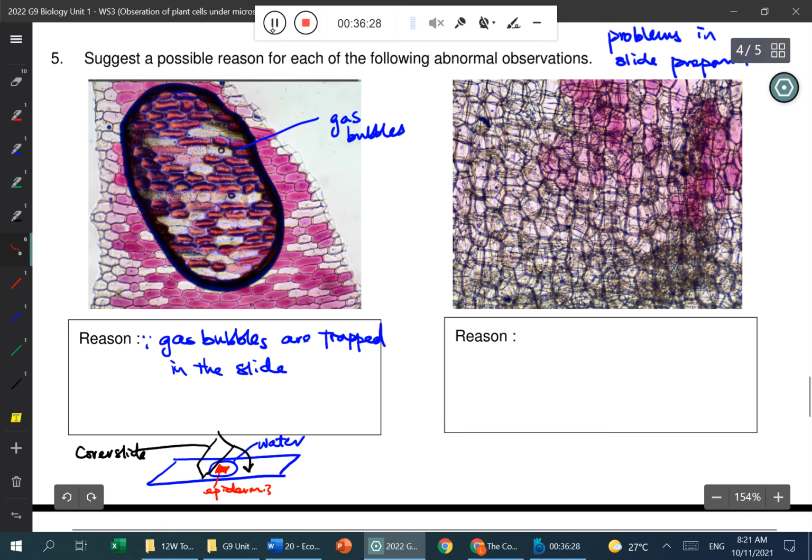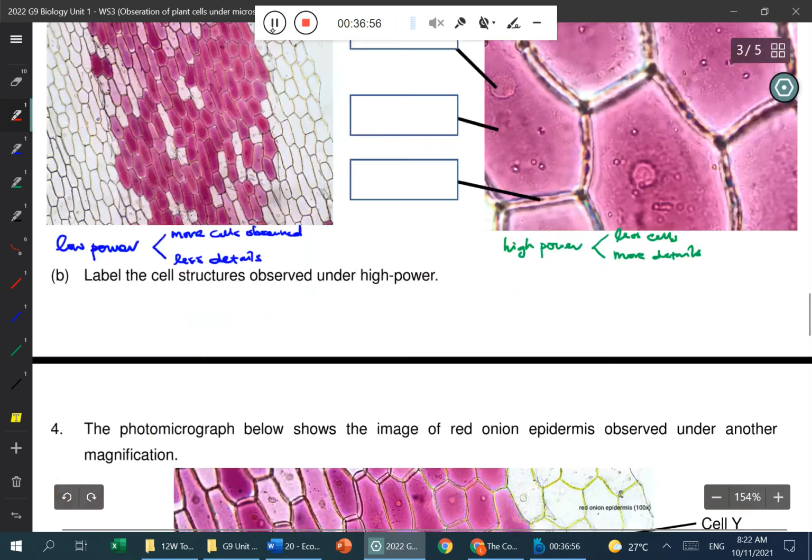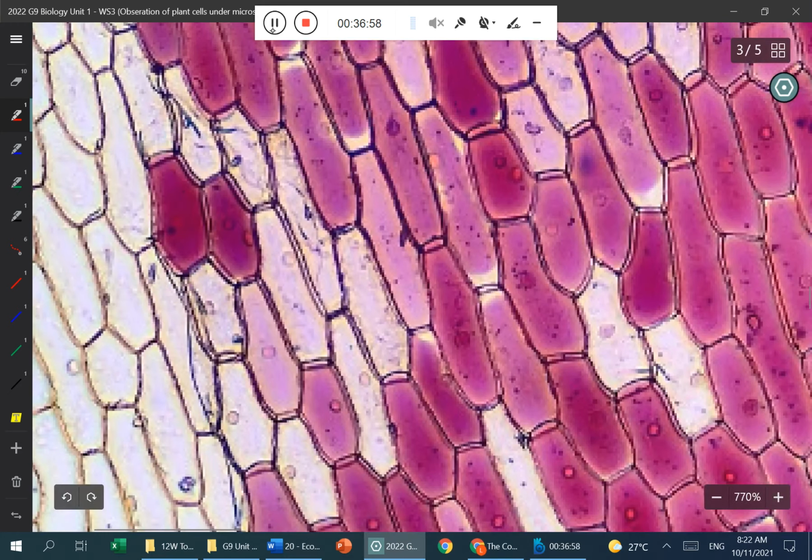But they are not very clear because they are not at the same layer as this. Your light microscope will only focus on a certain plane. So if the red onion epidermis is very thin, containing only one layer of cells, you'll see beautiful pictures like this.